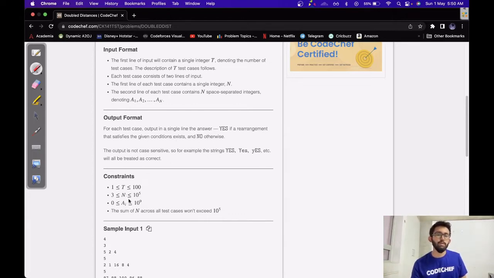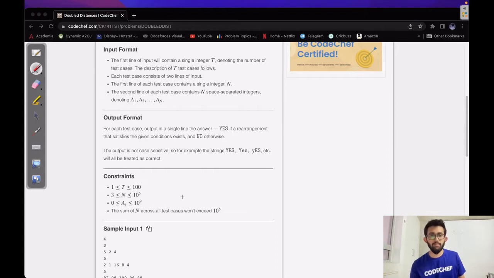So n lies between 3 and 10 raised to 5 and ai is maximum 10 raised to 9. Since n is up to 10 raised to 5, we will try to come up with a solution with time complexity of n or n log n. N square will exceed the time limit.